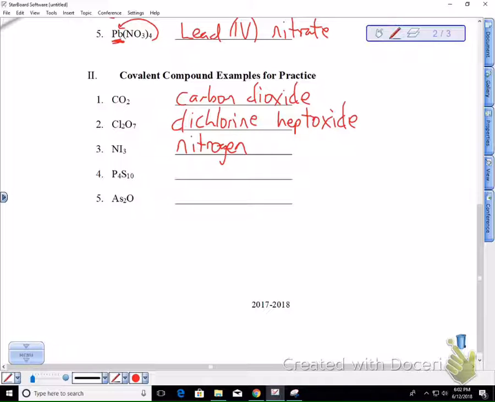Number 3, nitrogen with no prefix, triiodide, with 3 I's, which is weird. Number 4, remember what 4's prefix is? It is tetra. So tetraphosphorus decasulfide.